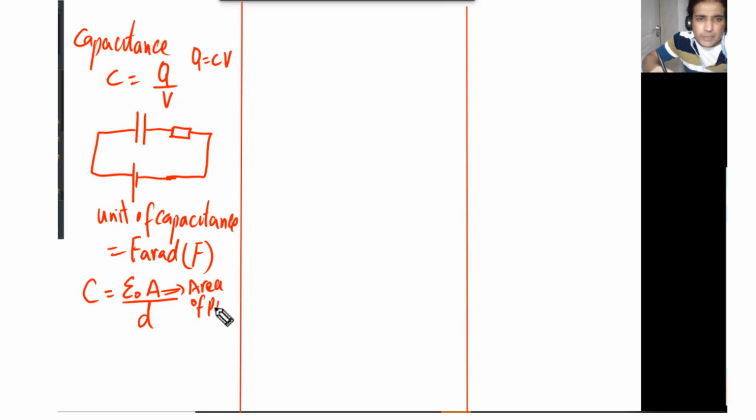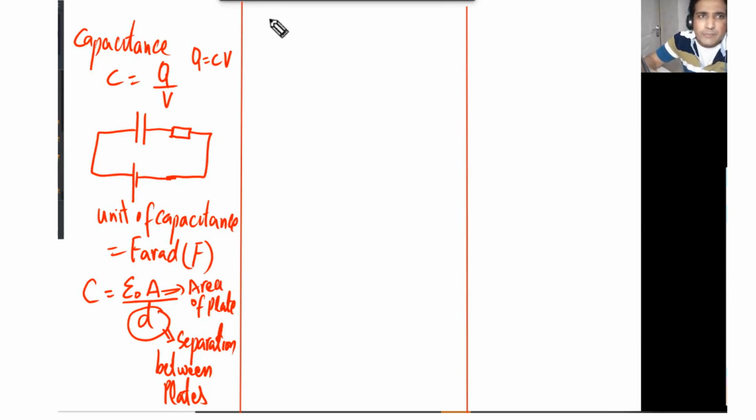And also it depends on separation between plates. So these few things, first of all, we need to understand. So you can see from here, if D is greater, it means C has to be smaller.